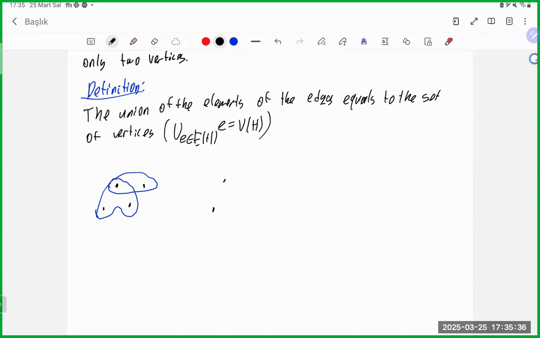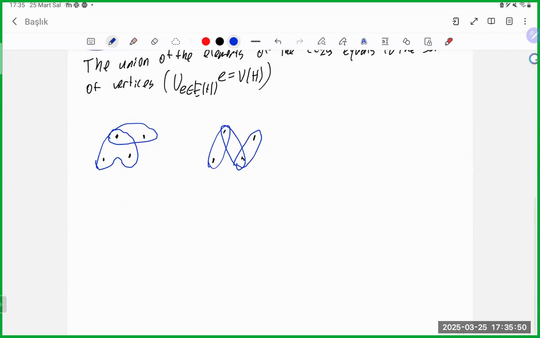And for example, this is a graph because, as I said, the edges contain only 2 vertices, and formally the connection between them is shown like that. In the talk, I will use the terms outcome as vertex and measurement as edge.